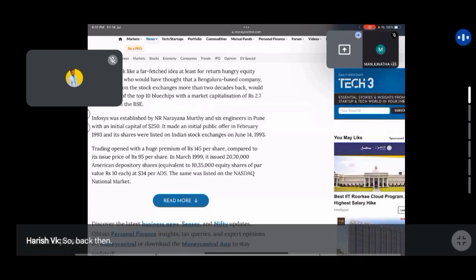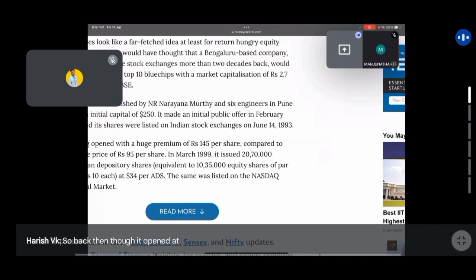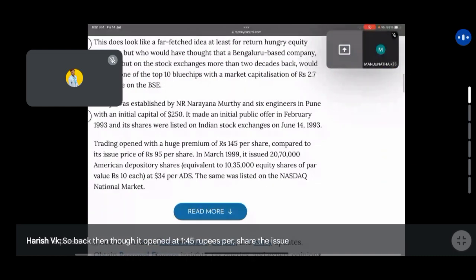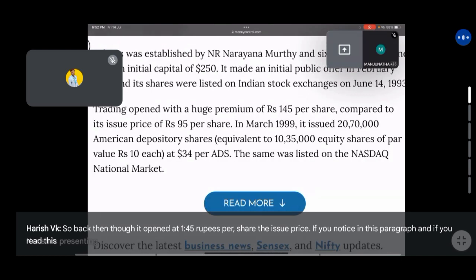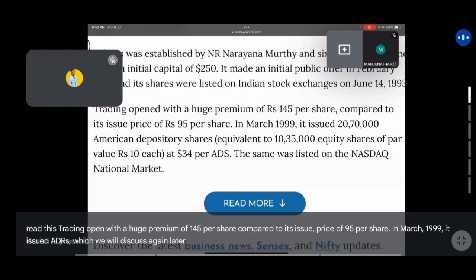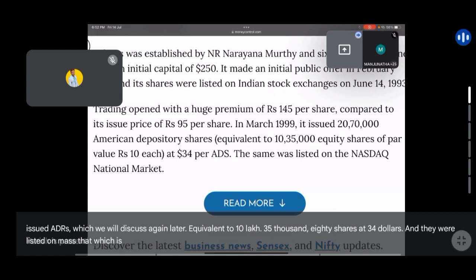So back then, it opened at 145 rupees per share. If you notice in this paragraph, trading opened with a huge premium of 145 per share compared to its issue price of 95 per share. In March 1999, it issued ADRs, which we will discuss again later, equivalent to 10,35,000 equity shares at $34. And they were listed on NASDAQ, which is your New York Stock Exchange.